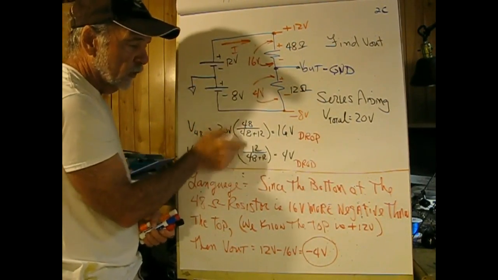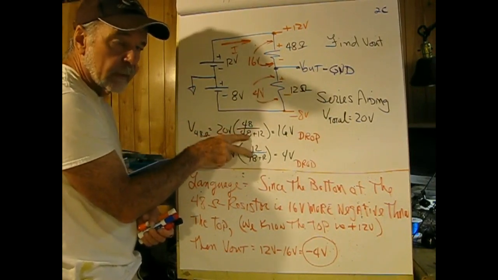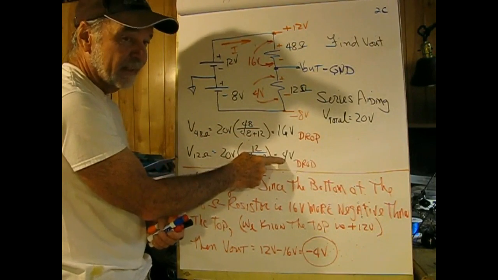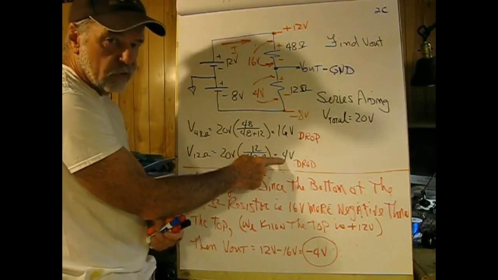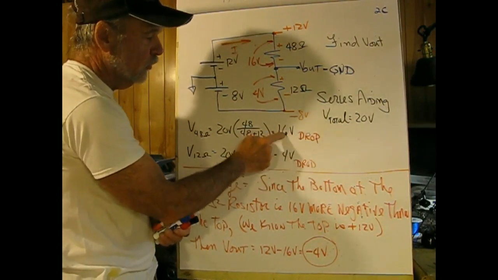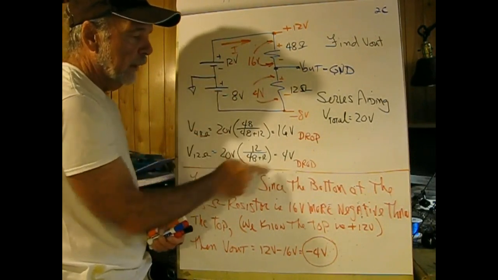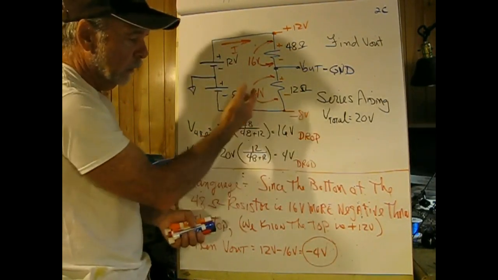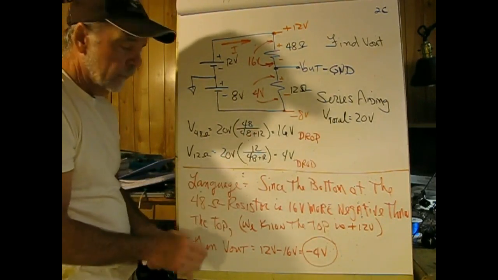If I use voltage divider twice, a mistake up here will not affect this answer. And then if I elect to do a check, always a good idea, 4 plus 16 has to equal 20. If it will not, I'll ask the question, how come, and then go looking for a problem.